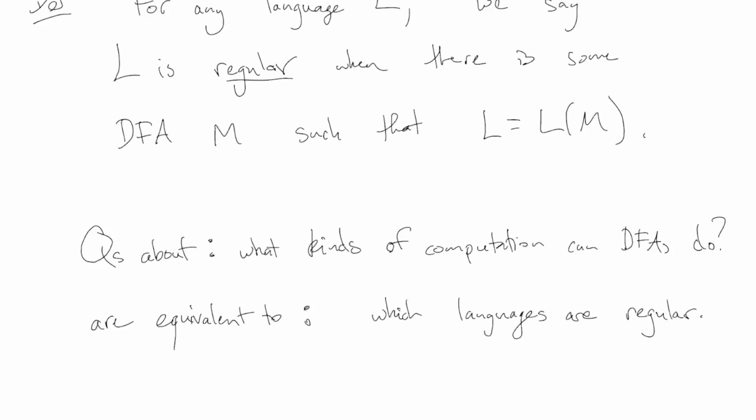So if you ask me what kinds of things a DFA can do, that's really the same question as asking me what kinds of languages are regular languages. This is something I mentioned maybe on the first day. You could phrase everything in this class in terms of machines, or completely equivalently, in terms of languages and say this class is all about languages.